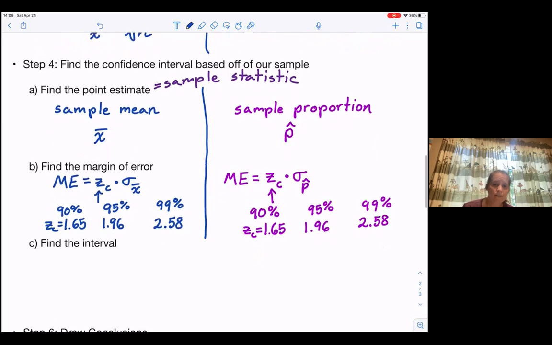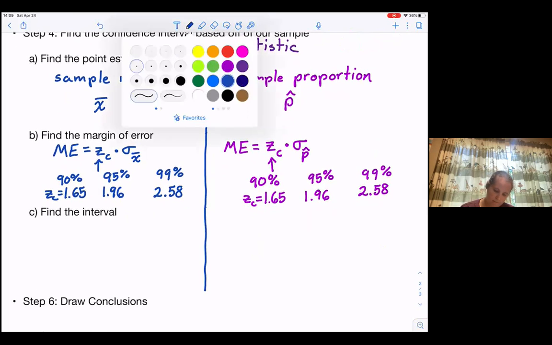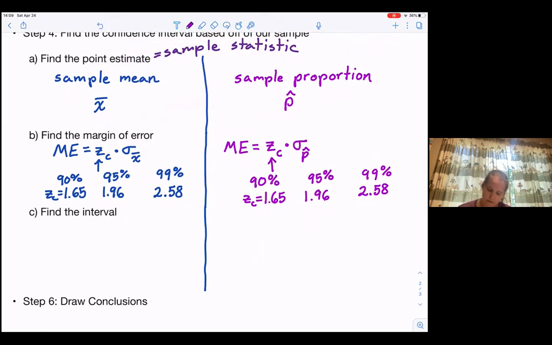Then from here, to find our interval for proportion, we took our p hat, our base estimate, our point estimate, and then we went up by our margin of error, down by our margin of error, and then this stretch was our interval.